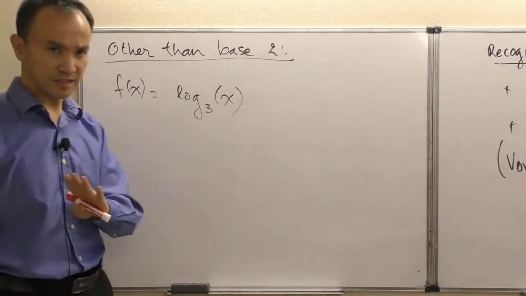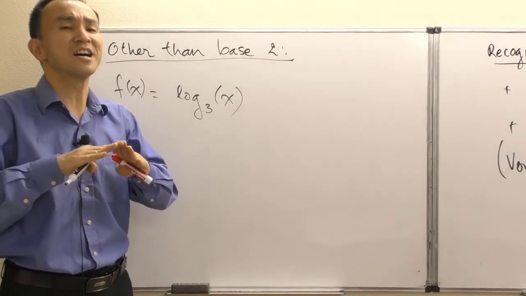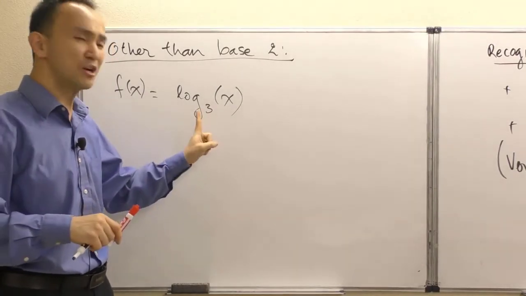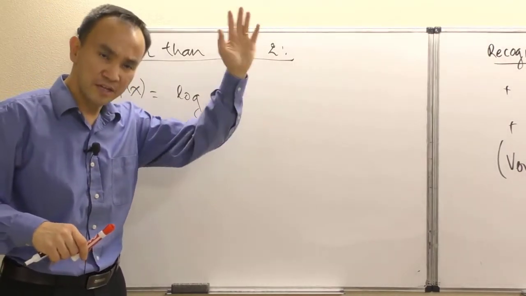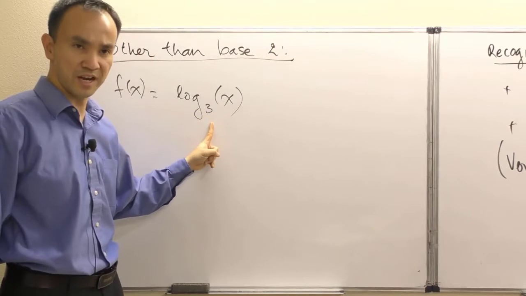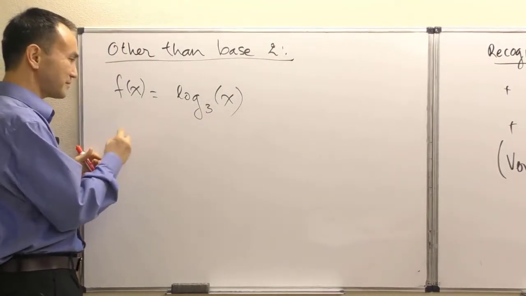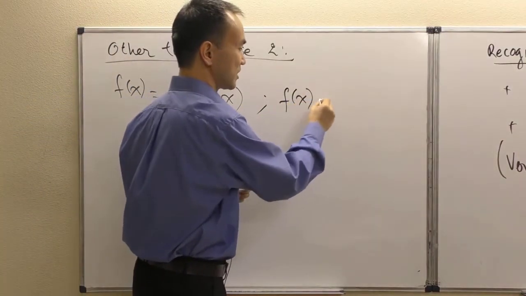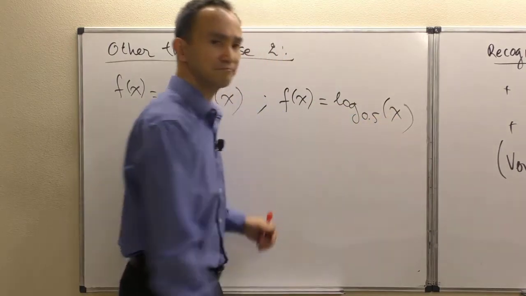That is a completely fine function, simply because the base is positive and other than 1. Can we define a function where the rule says we take log base 0.5 of an input x?